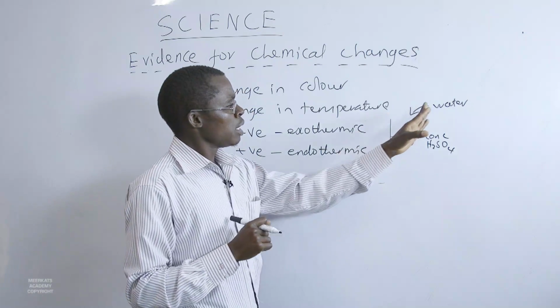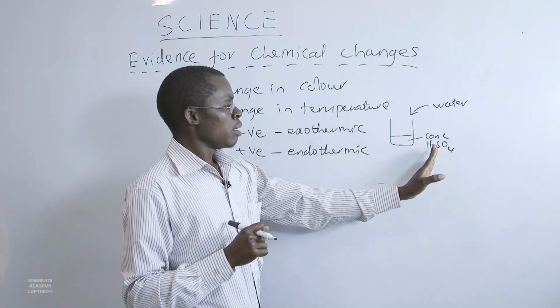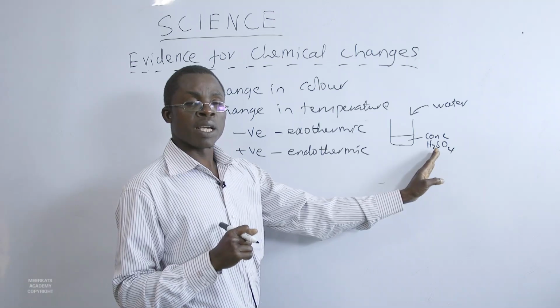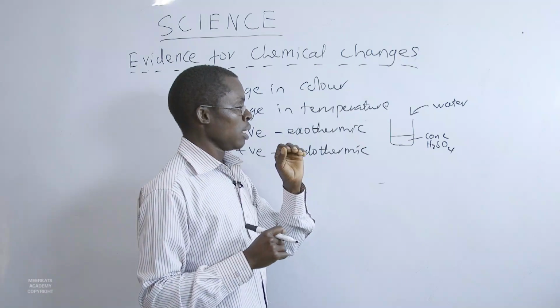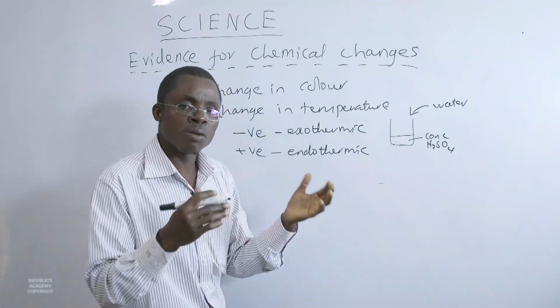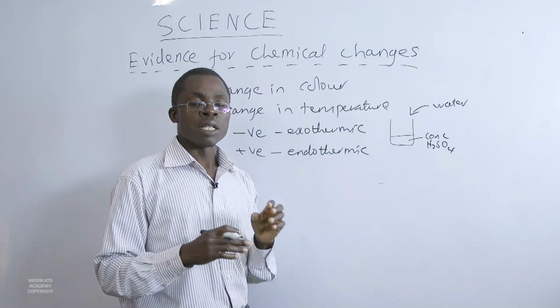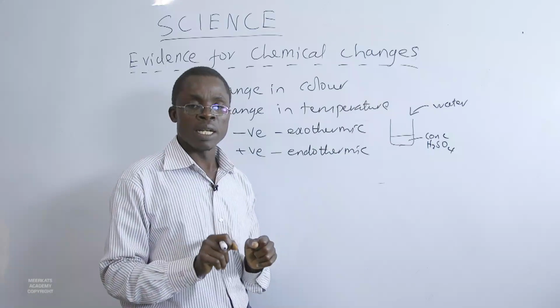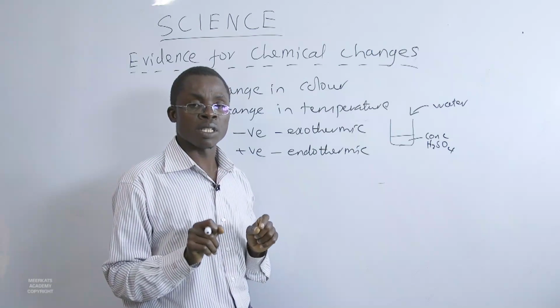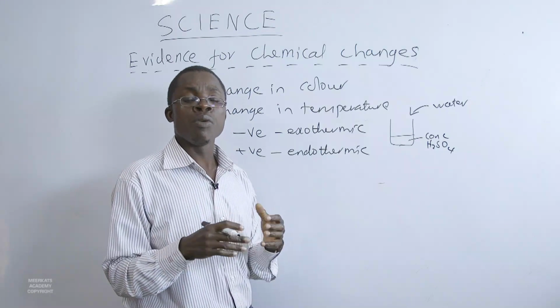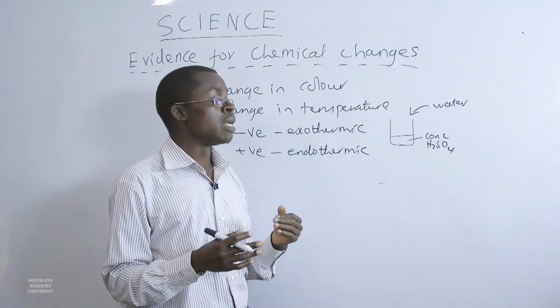Now, since the system, which is water, being poured in concentrated acid, making it dilute, the system will either give out heat energy or absorb heat energy. For our case here, the system will give out heat energy. This heat energy given out will be felt by the environment.